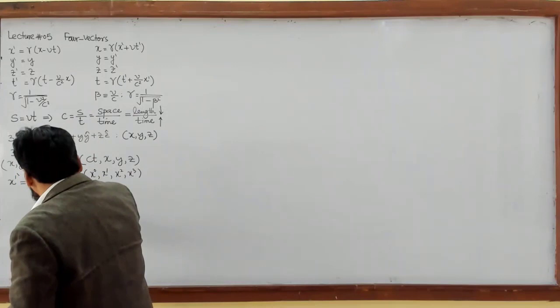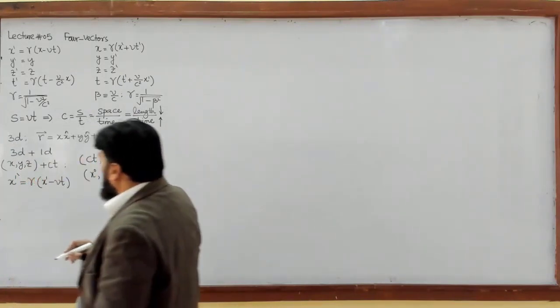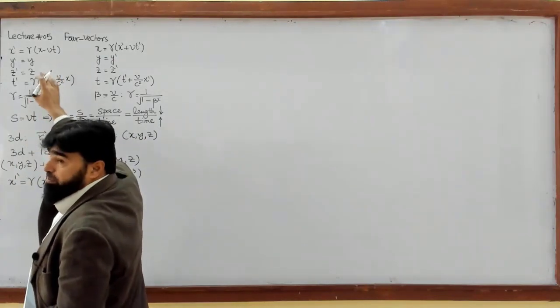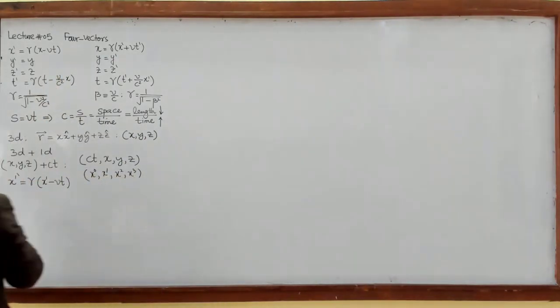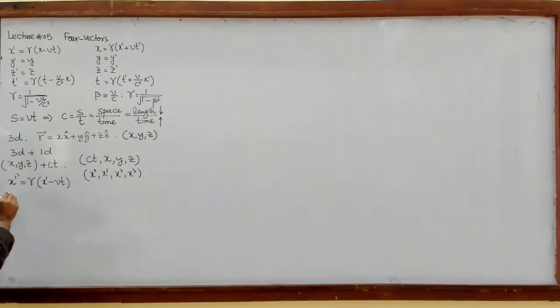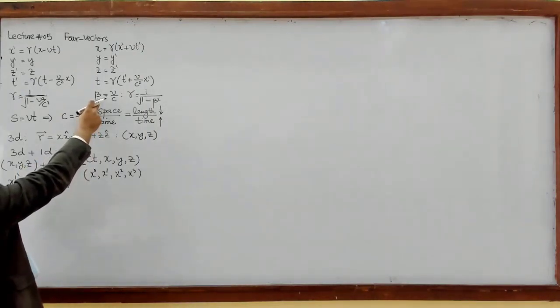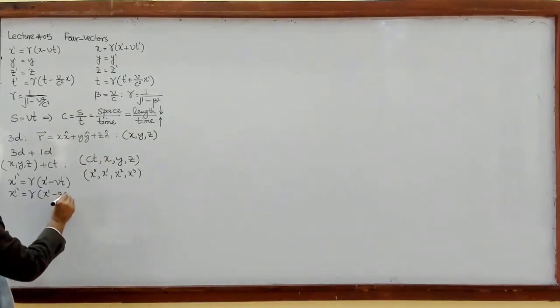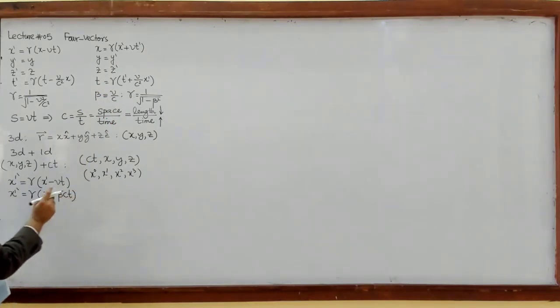In this notation, I can convert this one: x1 prime is equal to gamma times x1 minus, now I have defined beta equal to v over c, so for v, I can write beta c and then time.